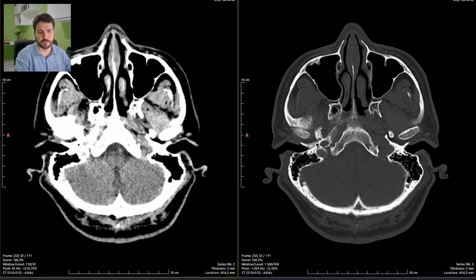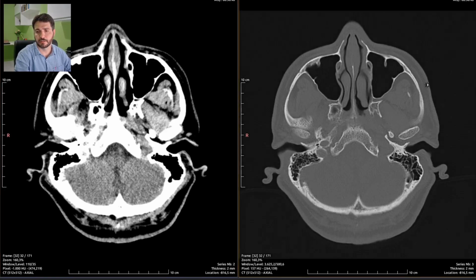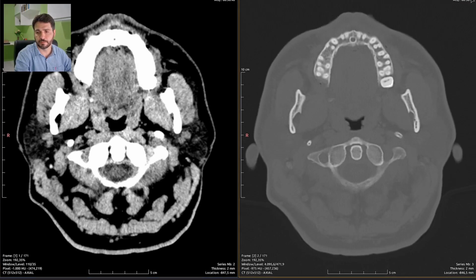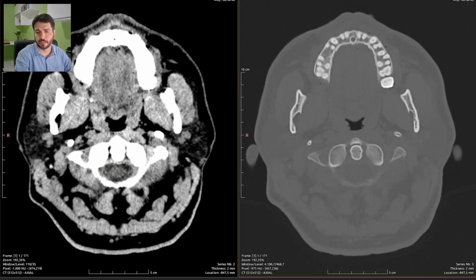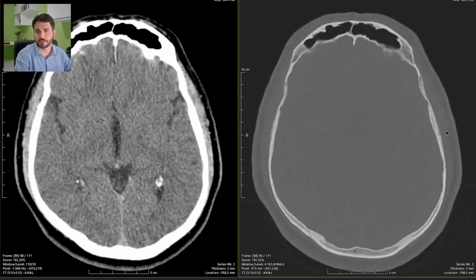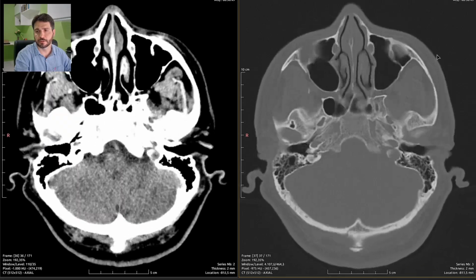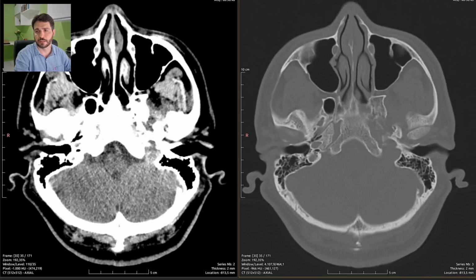I don't have to do this, I can look at here. So bone, let's look for fractures, deformities, or focal lesions. No focal lesions. Zygomatic arcs are perfect.